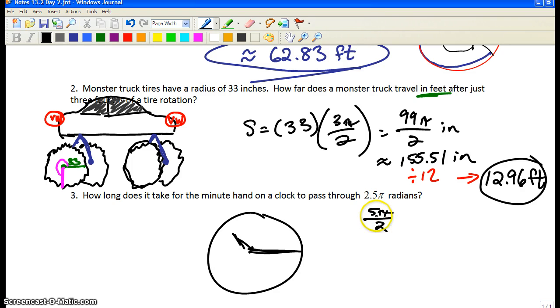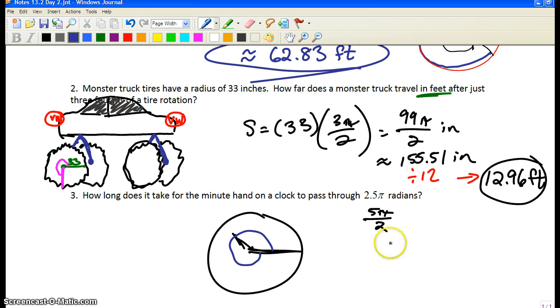2 pi is 4 over 2. So it's a little bit more than 1 rotation, isn't it? Because that's a little bit more than 1. If we go 1 rotation, that would be 2 pi.